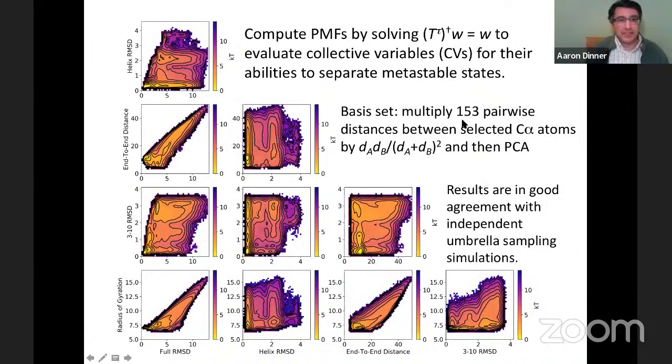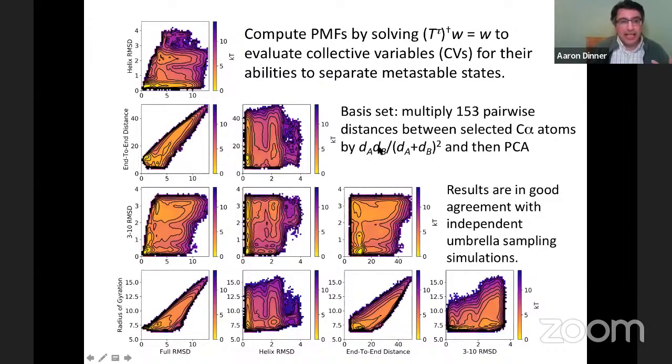We choose 153 pairwise distances between selective C alphas over the sequence. Then the basis functions have to satisfy the homogeneous boundary conditions, and so we multiply by the distance to states A and B, so that takes those functions to 0. And then we do some PCA basically to, in essence, order and orthogonalize the basis.